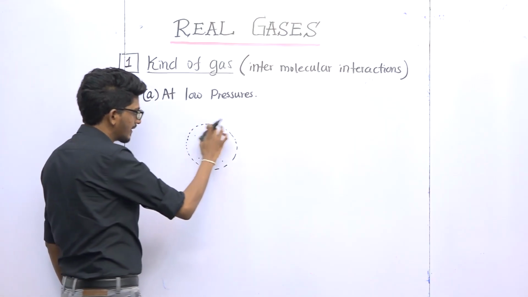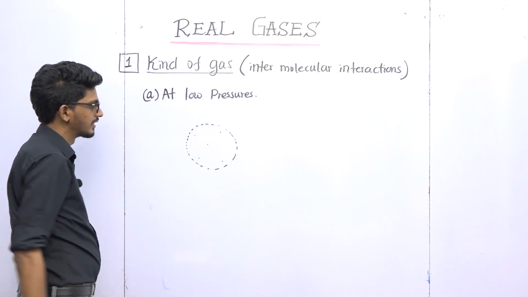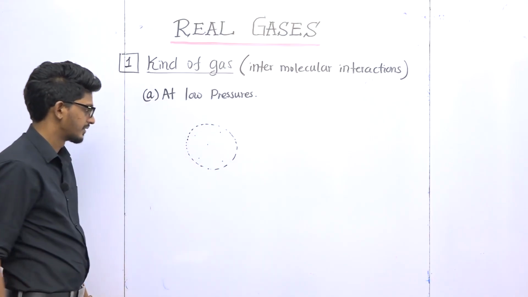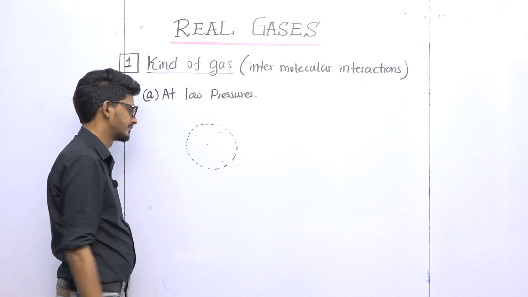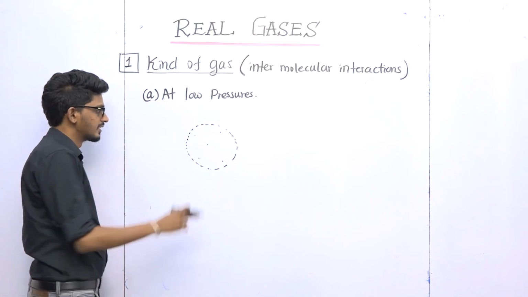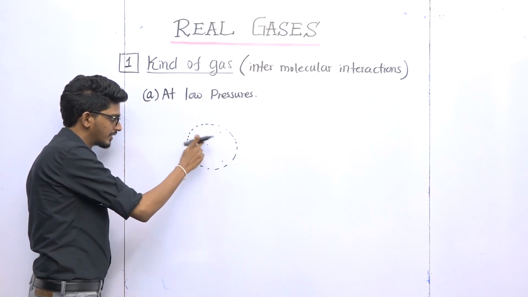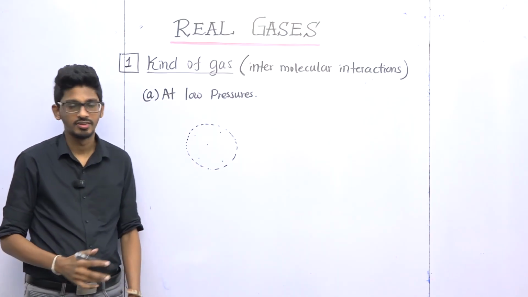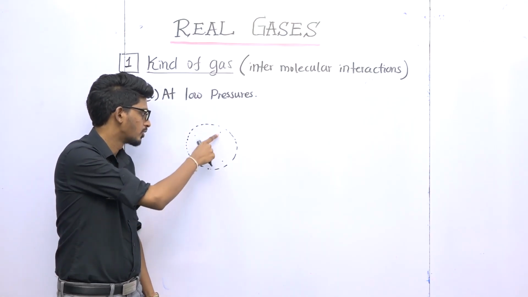The volume occupied by these gas molecules is referred to as the volume of the ideal gas. Let's consider these 5 dots represent 1 mole of gas molecules.